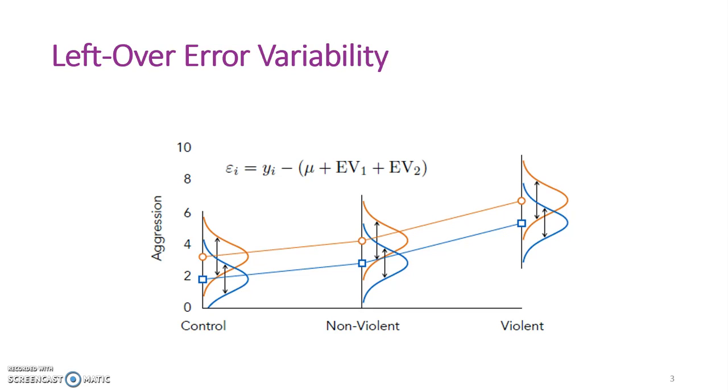There's a distribution of scores around each point, and the distance between scores and those cell means is going to be our leftover error variability. You can think about those points as essentially being the group effects, or the model part of our framework. And what's left over, what's not a part of the predictive model, is the error.